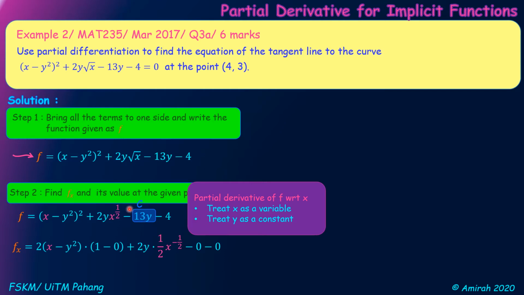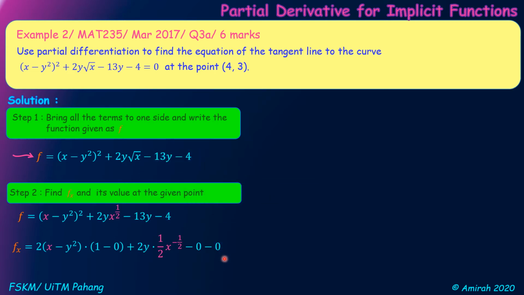And after that, to differentiate 13y, y we treat as a constant, so constant times 13 equals a constant. And when we differentiate any constant, the answer equals 0. And when we differentiate the constant 4, it equals 0 as well.